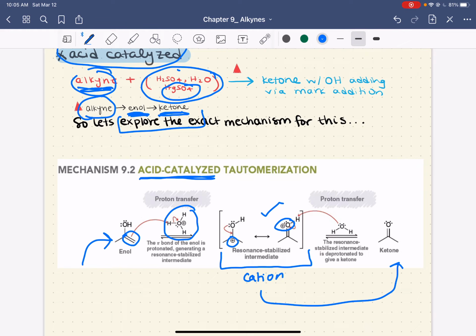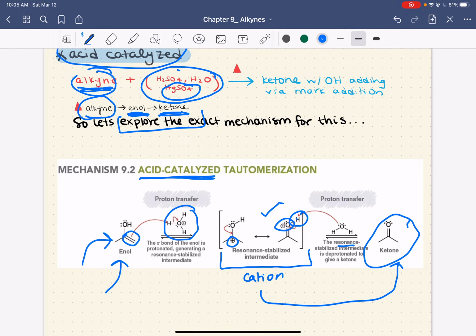How does this happen? Well, the resonance stabilized intermediate is going to be deprotonated. This water is going to take the hydrogen, and the bond is going to dump its electrons back on the oxygen. Look at that. Our oxygen reforms both of its lone pairs and loses that charge because it's been deprotonated. What we have at the end is a ketone. This happens really quickly.